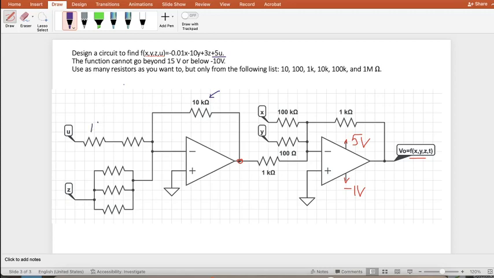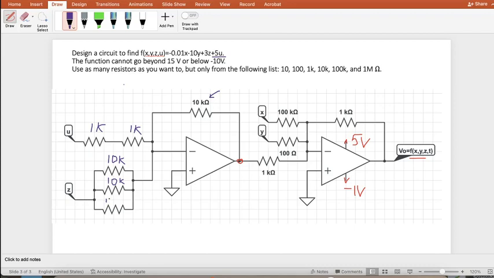So it needs to be 2k, but I only have 1k resistors, so I need two 1ks in series. On the other hand, z needs to be multiplied by 3. So if I put three 10k in parallel, they will give me 3.333k, and it will be multiplied by 3 with that RF of 10K.